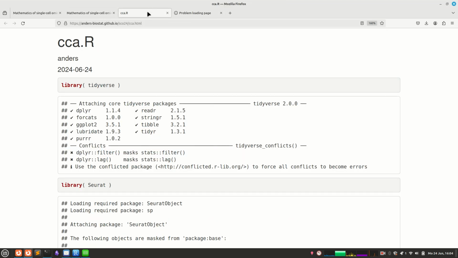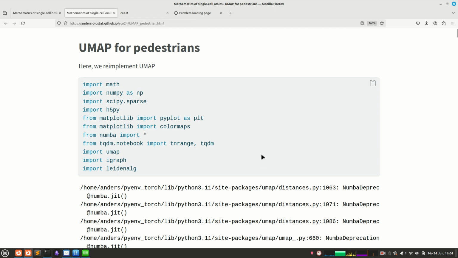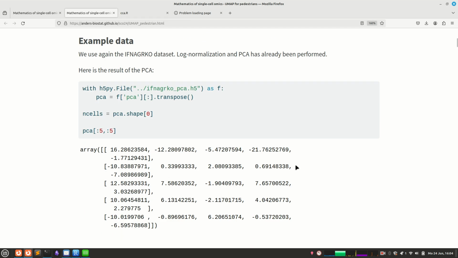I show it to you here from this screen instead of showing it live, and I can tell you roughly how it works. I think I showed this last time.